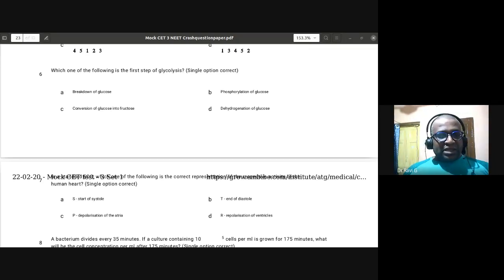The choices that they have given here are: Q is start of systole, T is end of diastole, P is depolarization of the atria, and D is repolarization of ventricles. The seventh one, the right option, correct representation is P is the depolarization of the atria.